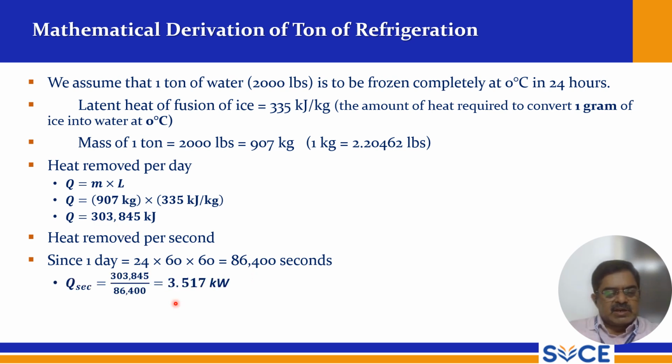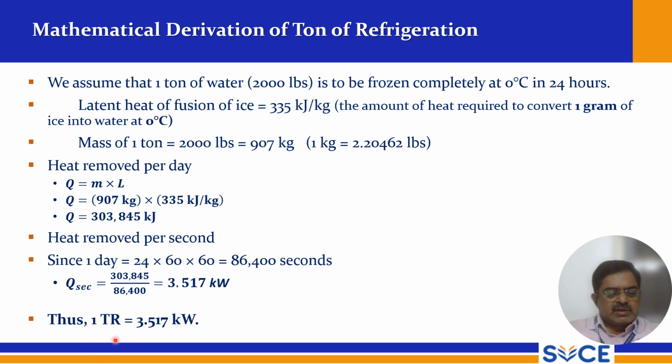So it is 303.845 divided by 86,400 seconds equal to 3.517 kilowatt. So we are converting into kilowatts. So that is Q per second. So that is heat removed per second is equal to 3.517.